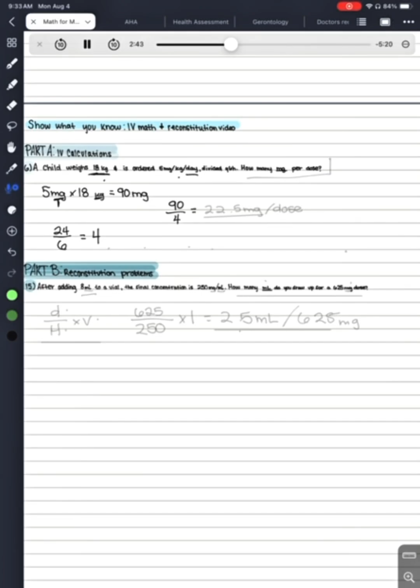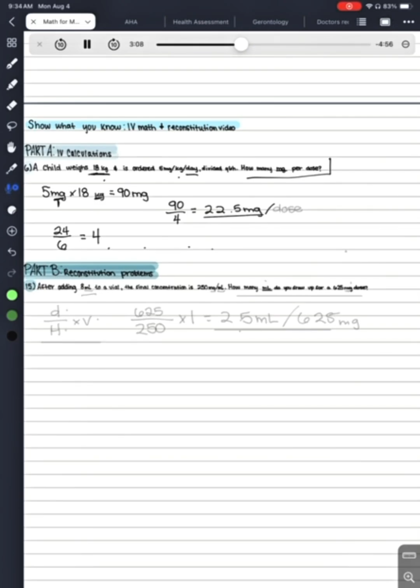So using my calculator, 90 divided by 4 gives me 22.5 milligrams. This is my final answer. How many milligrams per dose? I'm giving 22.5 milligrams per dose, and I'm giving that 4 times in 24 hours.